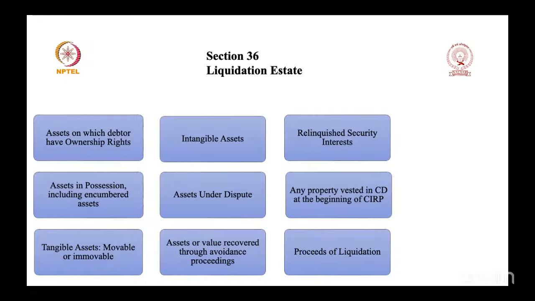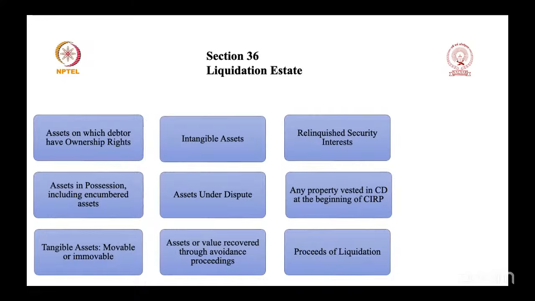In our previous discussions, we talked about 4 types of transactions, which are called PUFE transactions. P is preferential transaction, U is undervalued transaction, F is fraudulent transaction, and E is extortionate transaction.